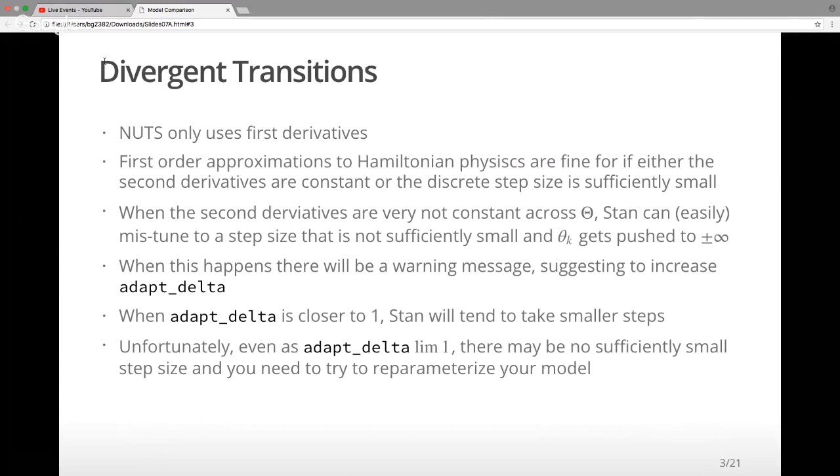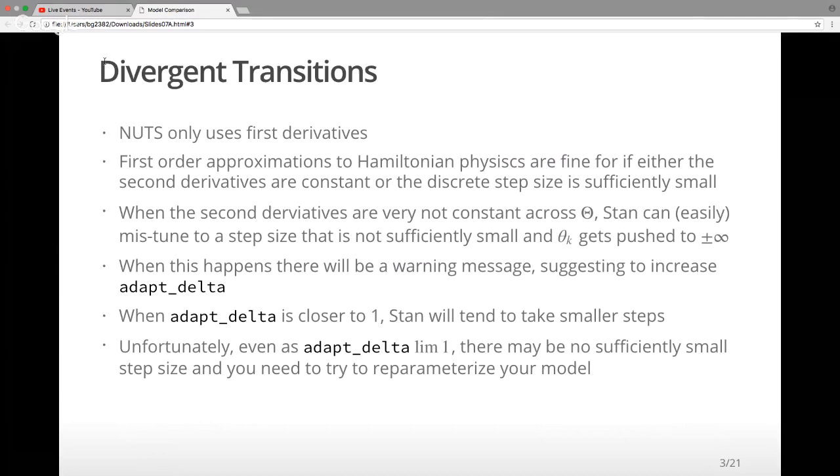And when that happens, when the step size is too big and the no U-turn sampling in Hamiltonian Monte Carlo is deciding what direction and how far to push theta as it's going through its leapfrog process, then numerical error accumulates in the Hamiltonian process.